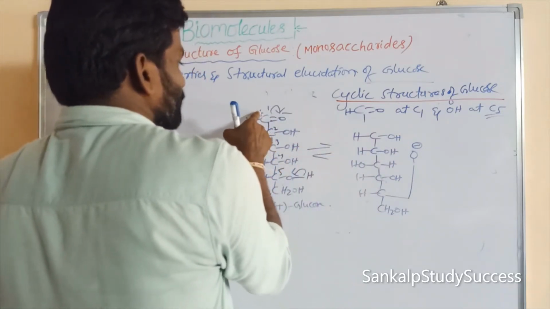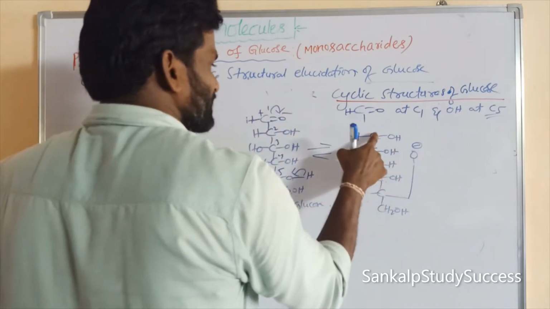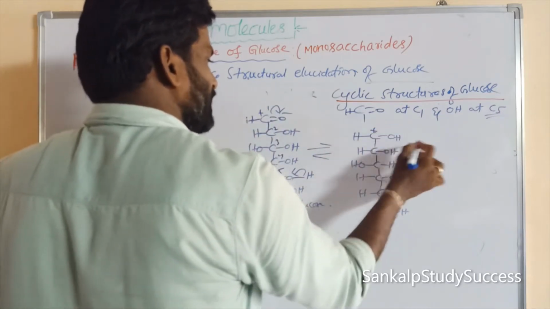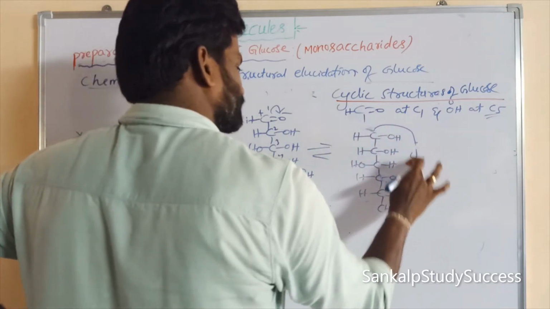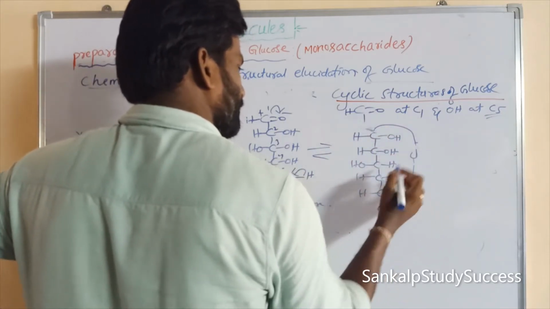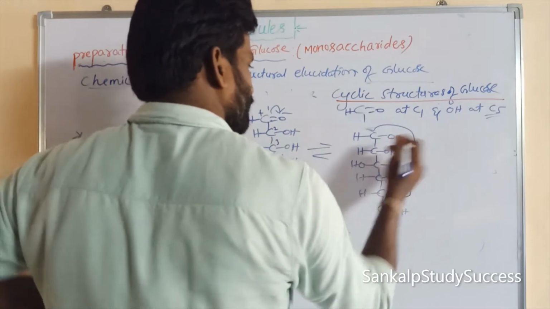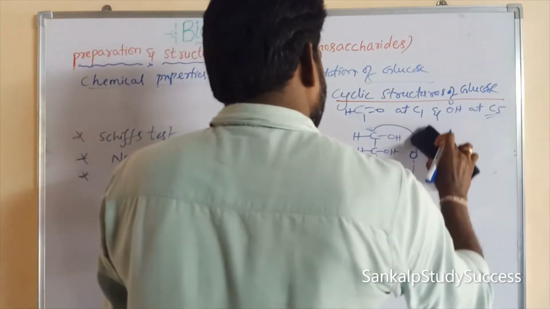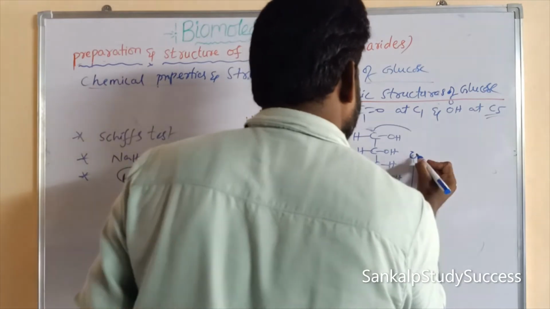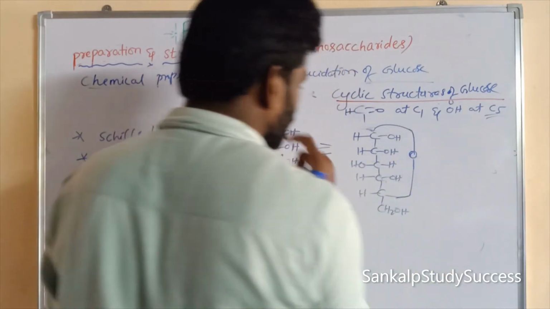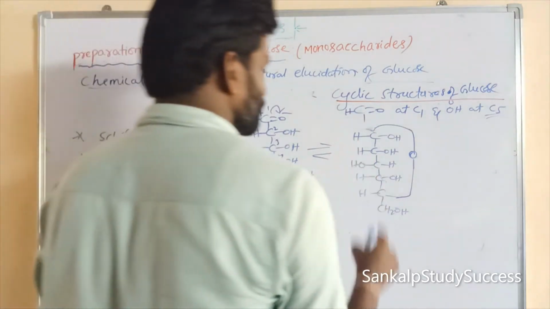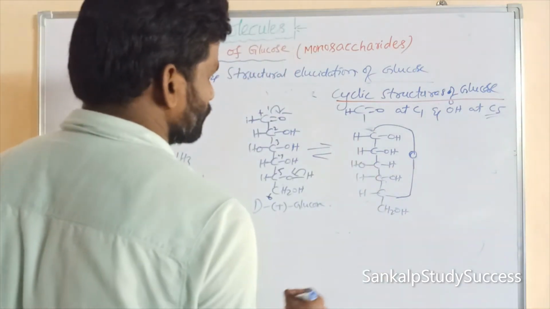So this C plus and this O minus form a bond, right. So this is the cyclic structure of glucose.